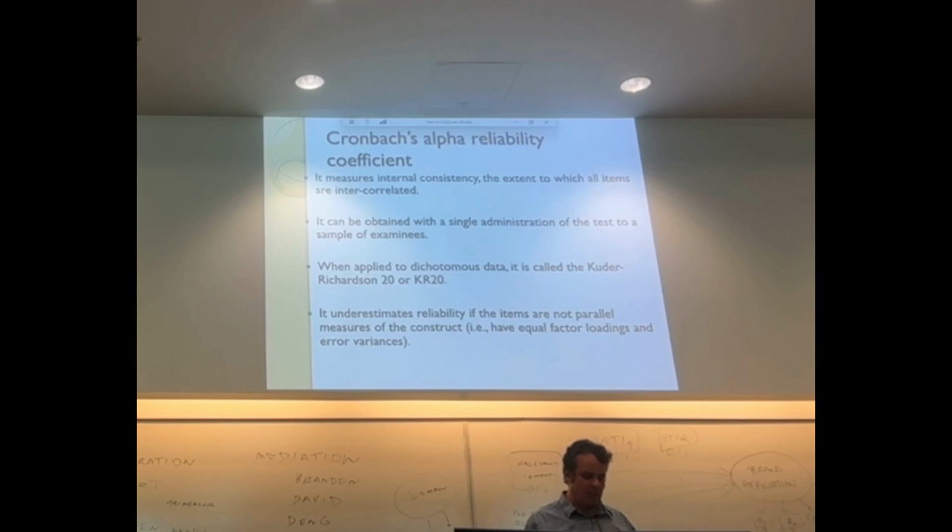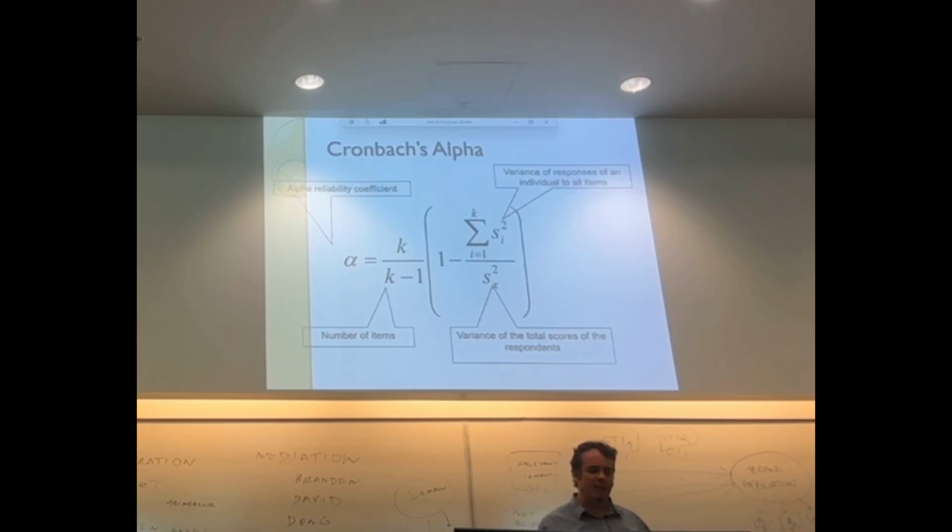You can estimate it with raw data, because you only need the variances. Cronbach's alpha is just a function of the variance of the items separately. So this is the sum of the variances of the items divided by the variance of the total scores, which is the composite.